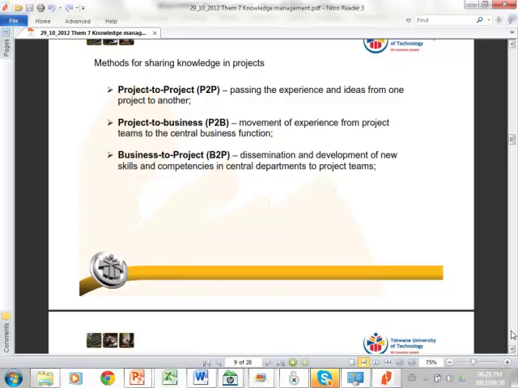Then the last one is business to project. Because remember that at the top level, hopefully, your managers are also into continuous improvement and in continuous learning. So when they learn new things, they also share that to the projects. And that way, the projects also improve.